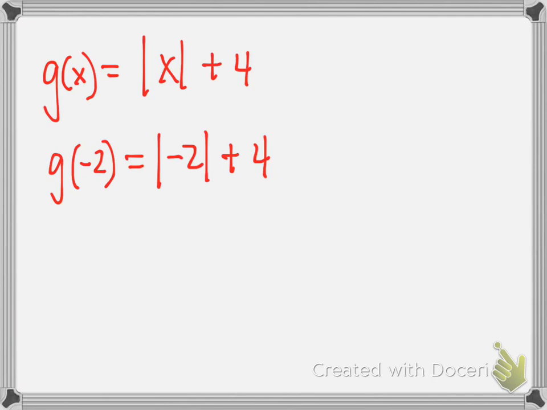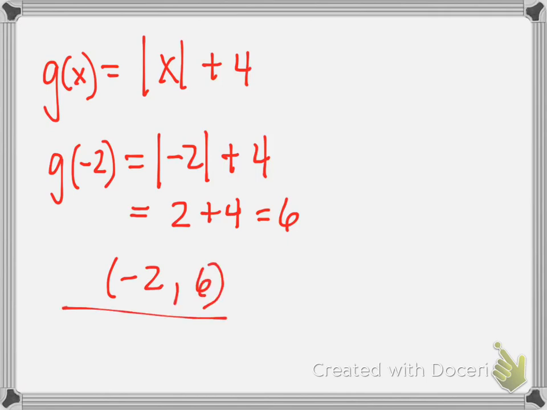Absolute value of negative 2 is positive 2 plus 4 is 6. So negative 2, 6 is a point on this absolute value graph.